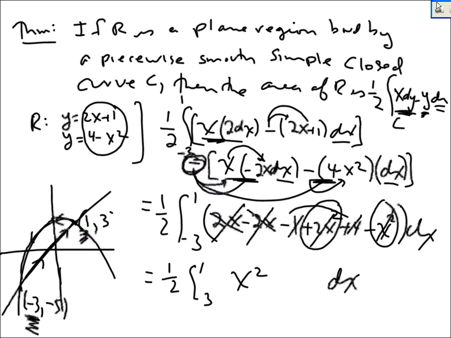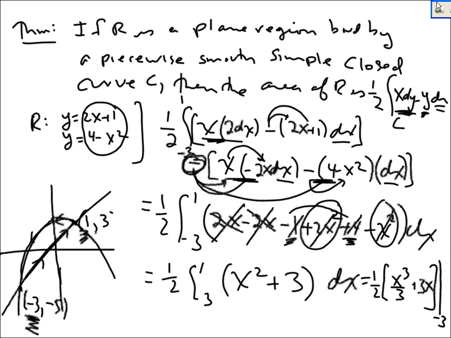And then you have plus 4 minus 1 is plus 3. So you integrate that, which is very straightforward. It's x cubed over 3 plus 3x, evaluated from negative 3 to 1. I'll leave you with that to do. Plug 1 in, plug negative 3 in, subtract, and multiply that answer by the half which is in front.